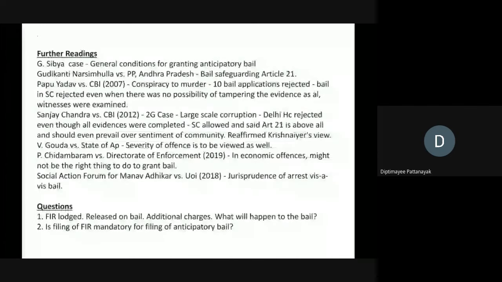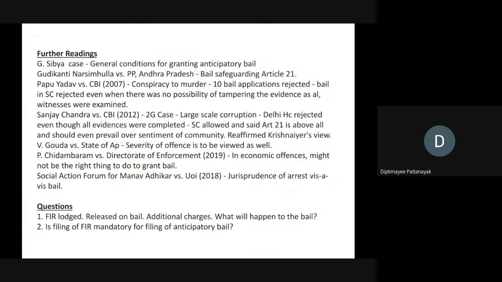Just because the offense is being condemned in society, bail cannot be denied. It reaffirmed Justice Krishna Iyer's view that bail is the rule and jail is the exception. Please go through this judgment as well.